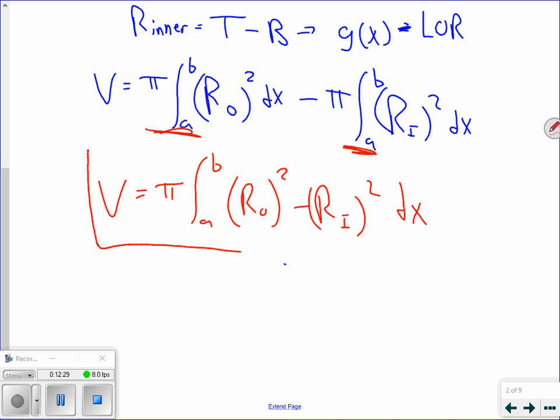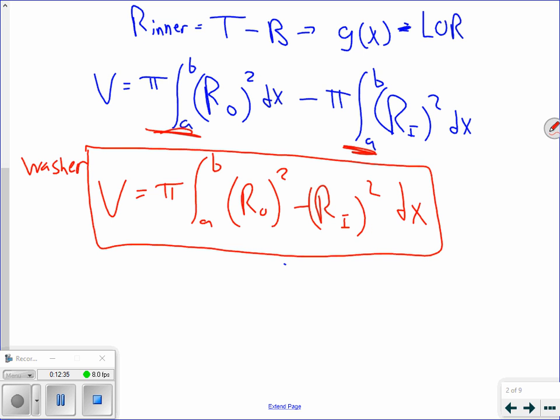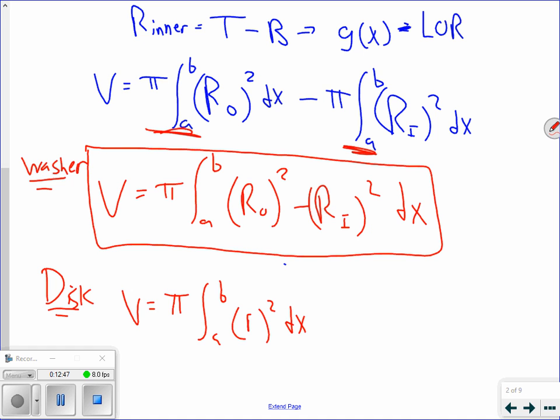And this right here is your equation for washer. Whereas for disk, remember, there's no gaps, so you only need one volume equation. That would just be a to b of just your regular old r squared. Okay.